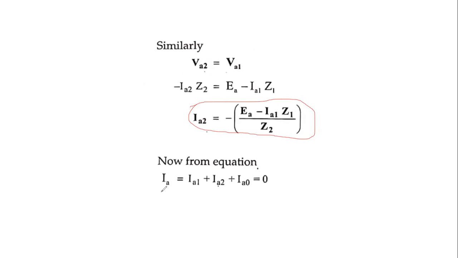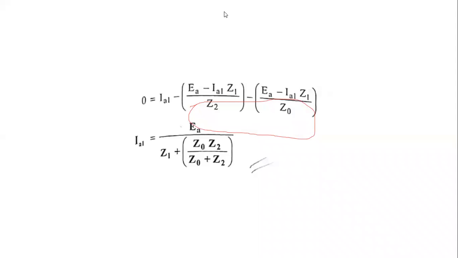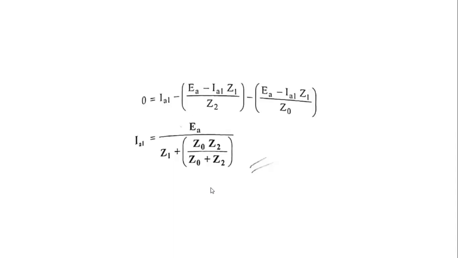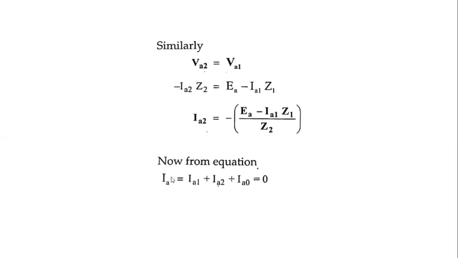Therefore, IA is equal to IA1 plus IA2 plus IA0, and that will be equal to 0. Why?